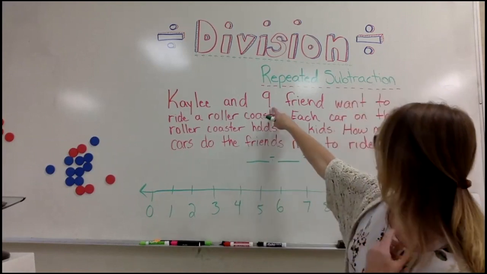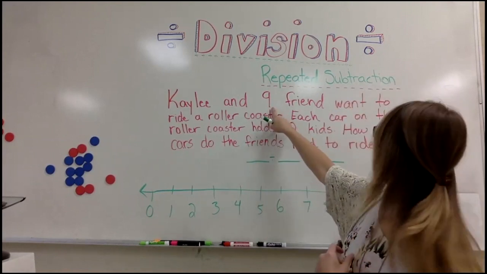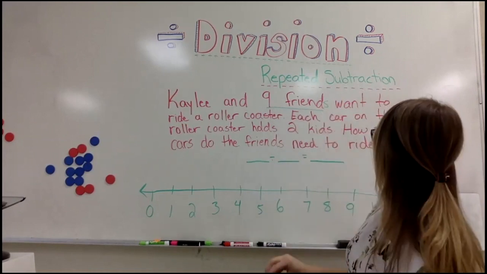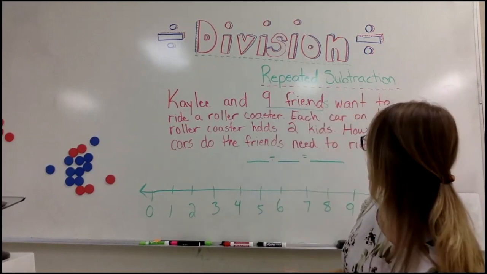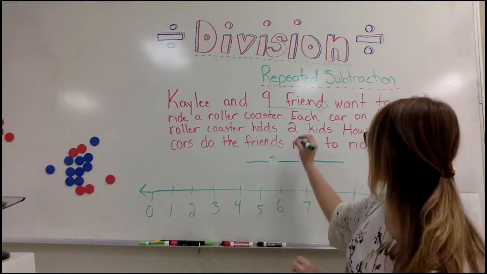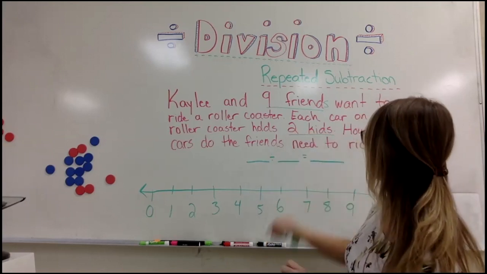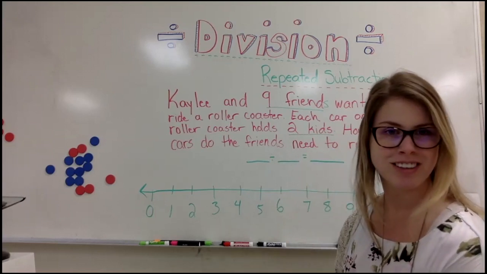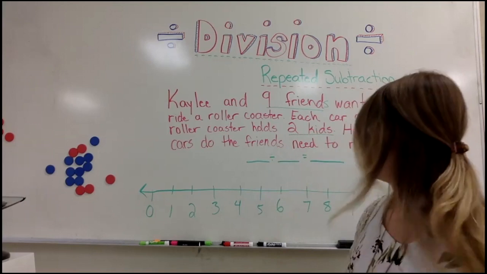Okay, well, I see a number here. It says 9. 9 friends. So I'm going to underline that. 9 friends. That's important. And then each car on the roller coaster holds 2 kids. Is that it? Is that all? Okay, we'll see.